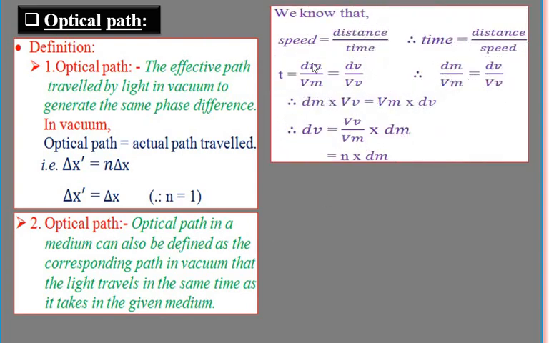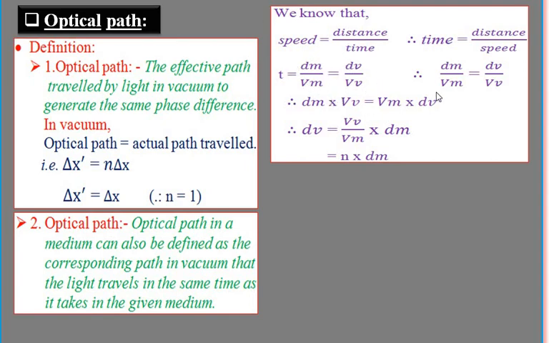We know that velocity is equal to distance upon time. Velocity is also called speed, therefore speed is equal to distance upon time. Therefore time is equal to distance divided by the speed, that is t = dm/vm, which is equal to dv/vv.